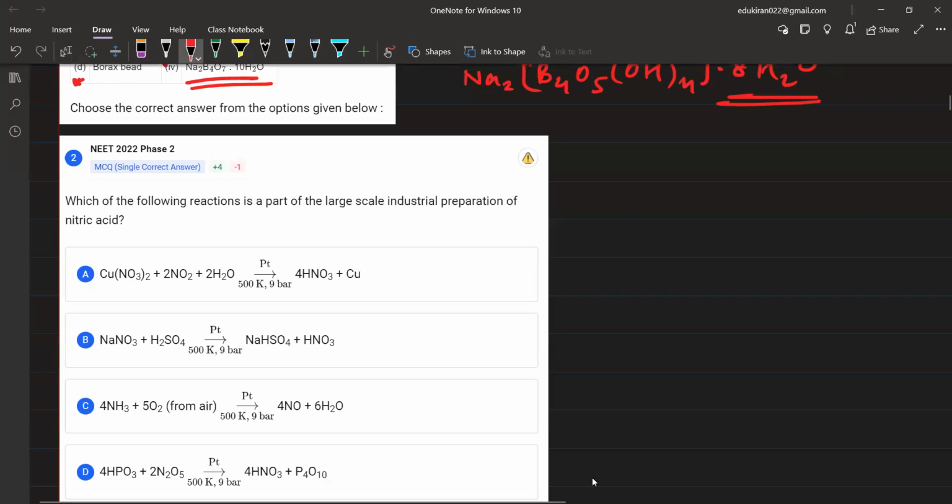Which one of the following reaction is a part of large-scale industrial preparation of nitric acid? What do you think is the cheapest? देखिए यहाँ पे आपको एक चीज दिख रहा होगा, which is very easily available.